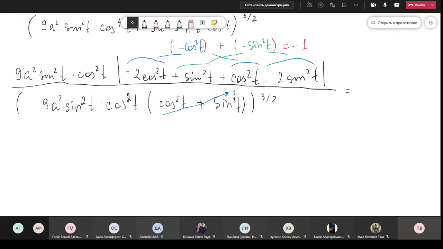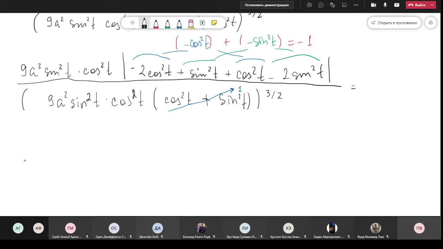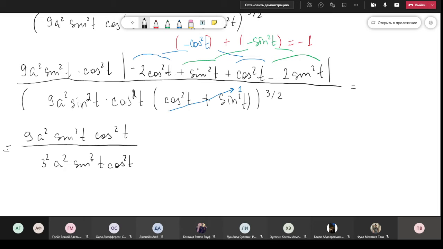And we have just 9a squared sine squared of t cosine squared of t in our numerator. And in the denominator we stay with 9, which is 3 squared, a squared, sine squared, cosine squared. Don't forget the argument of the trigonometric functions, with power 3 over 2.